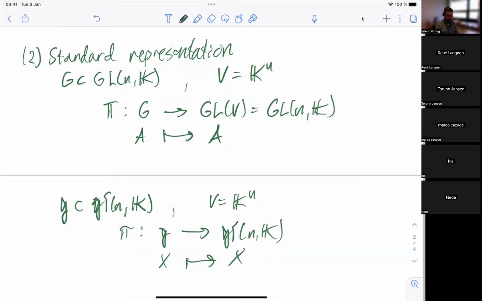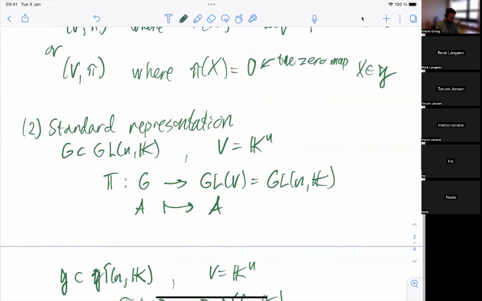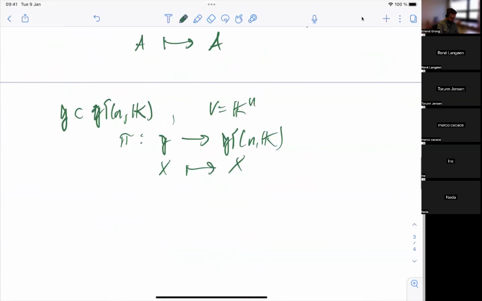So those are the two boring first representations we encounter. Then we see another representation called the adjoint representation.